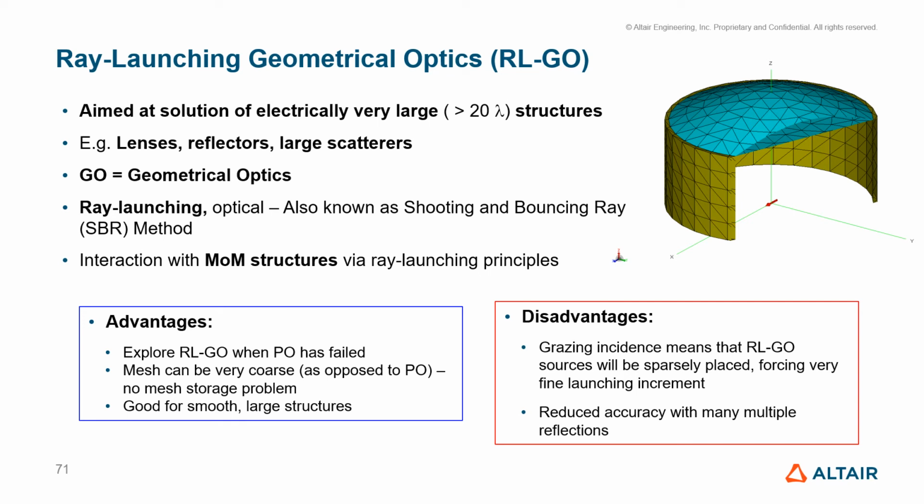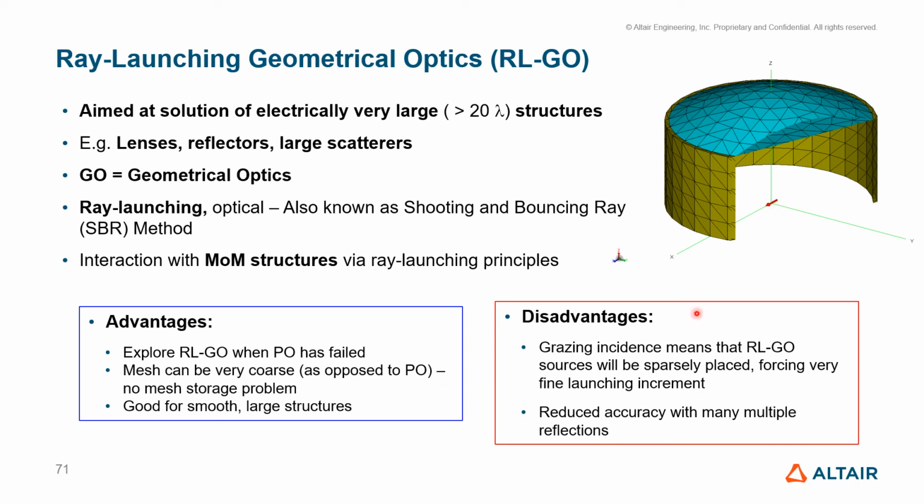Sometimes this is also referred to as the shooting and bouncing ray method in the literature. So we can also have method of moments structures that can interact with the ray launching at the same time in the picture. For example, here, this could be the lens, this could be metallic structures. All of this could be in ray launching geometrical optics, but you can have an antenna with method of moments unknowns there.